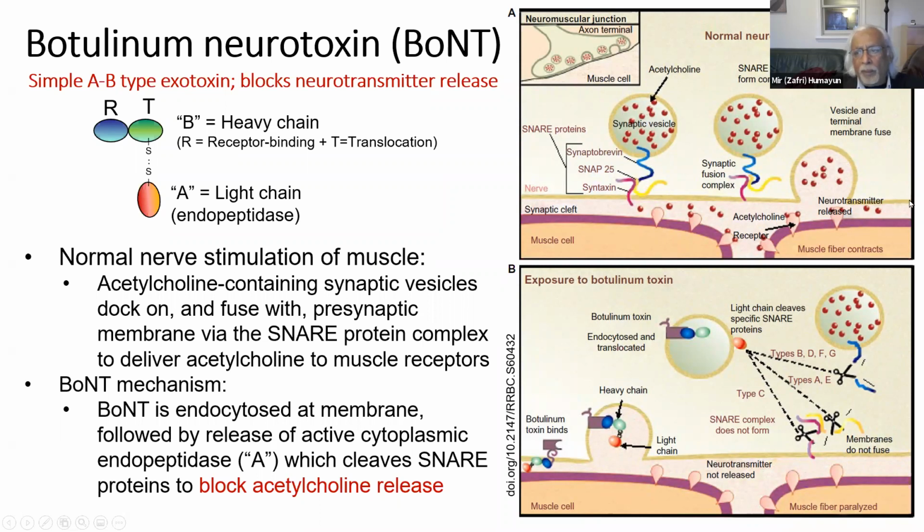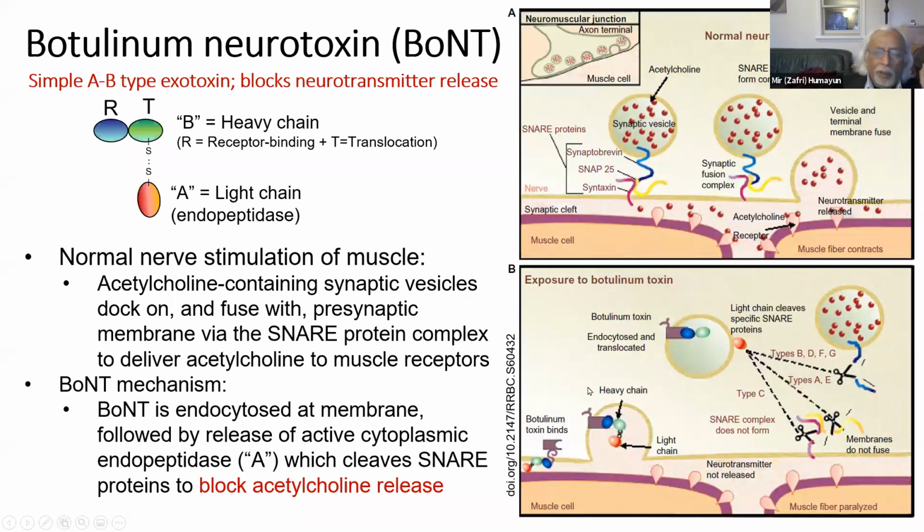It is shown in amplified state here. This part of the diagram is the axon terminal. This part is the muscle, and the space in between is the so-called synaptic cleft. And this light colored membrane here, which is part of the axon terminal, is the synaptic membrane. Okay?